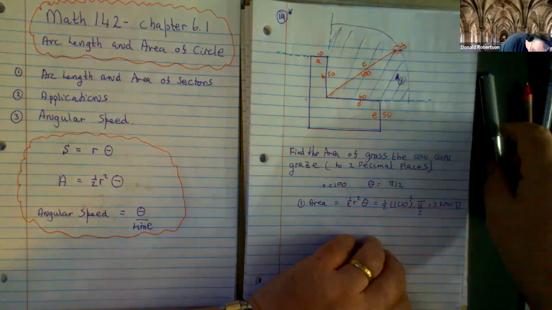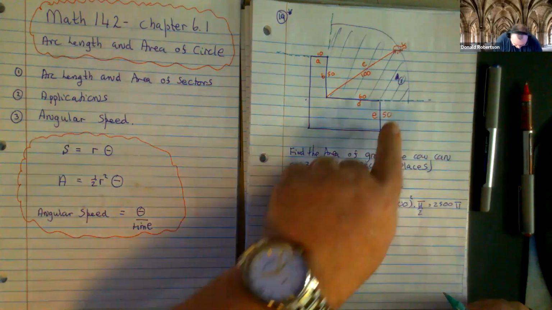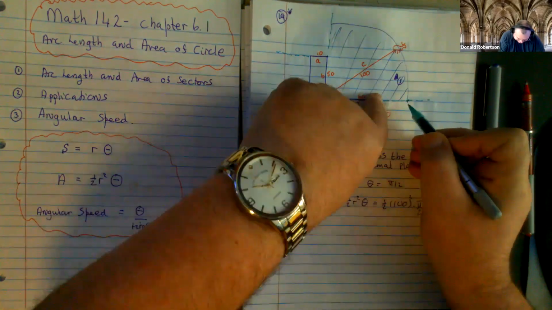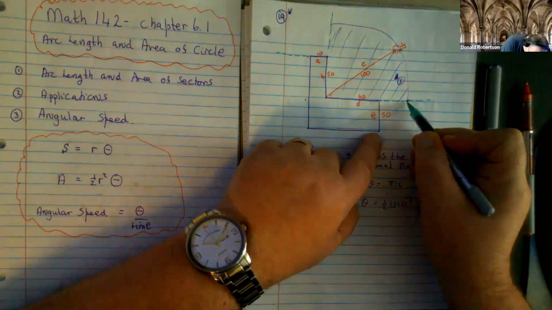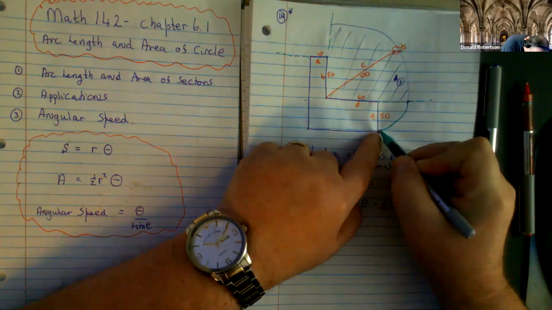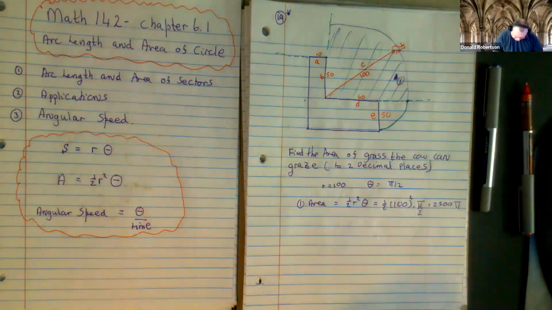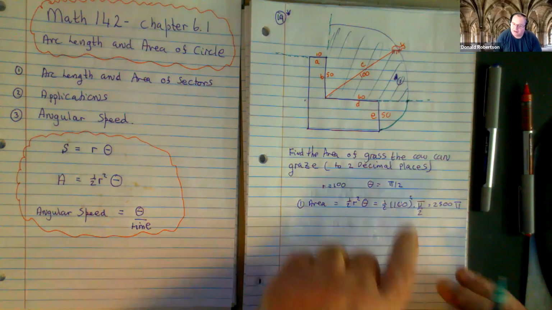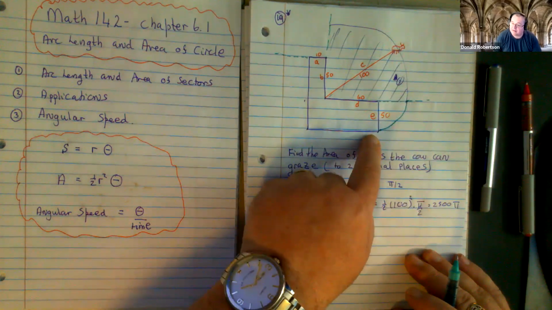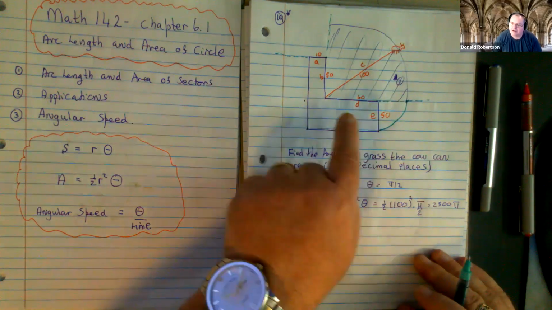Now, changing color. When the cow gets to here, there's a change. It goes down like that. So what you're going to get here, you might think is the whole quarter, but it's not. It's not going to be a quarter of a circle, radius 50, even though it looks the way I've drawn it. Here's my argument.